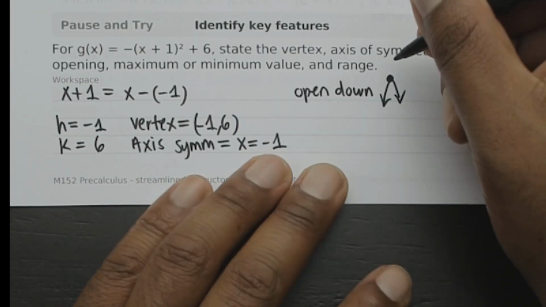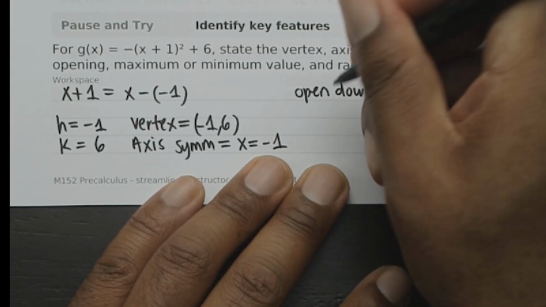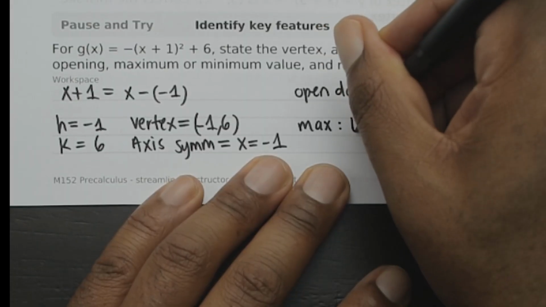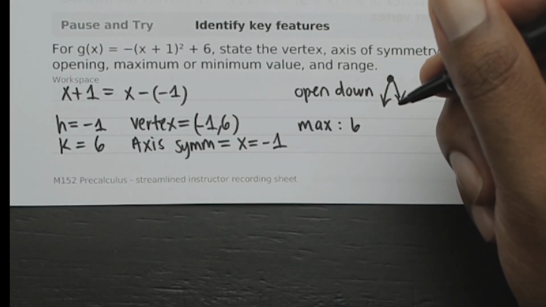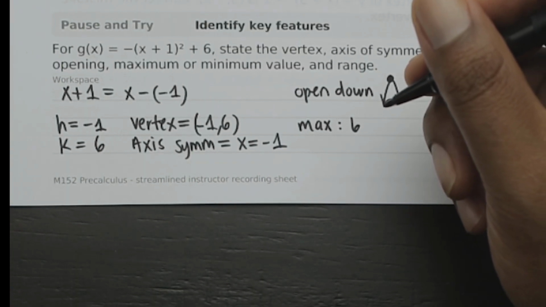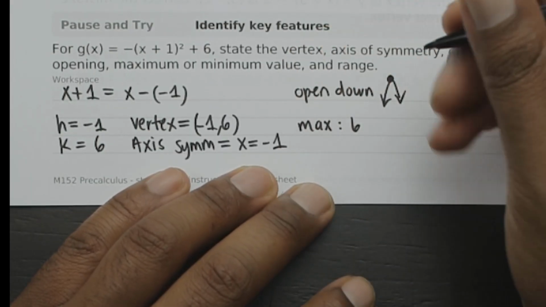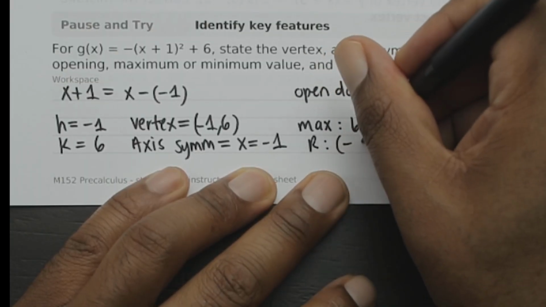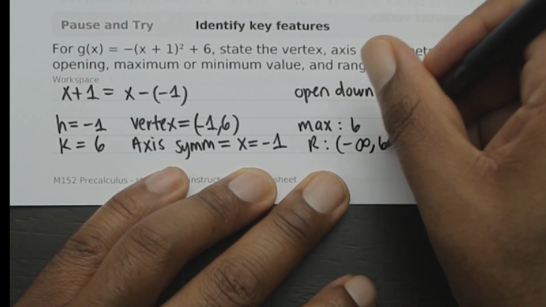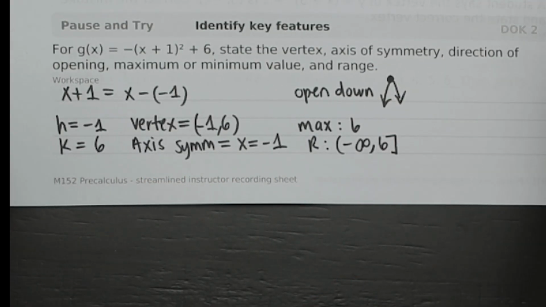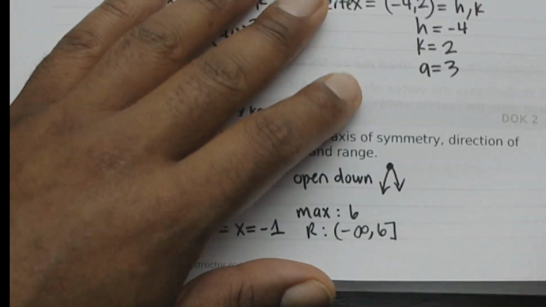So the maximum value is 6. The graph goes down forever from y equals 6. So that makes the range negative infinity up to 6, with 6 being the cap here. Okay? All right, let's continue.